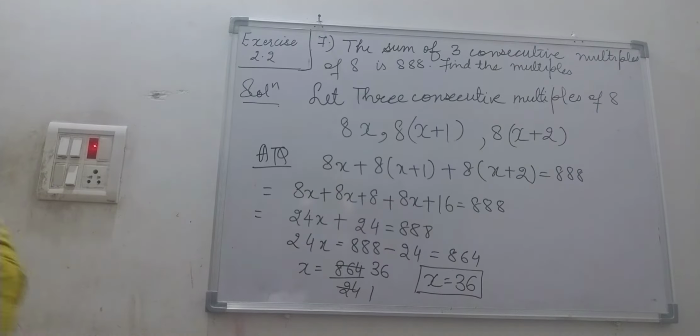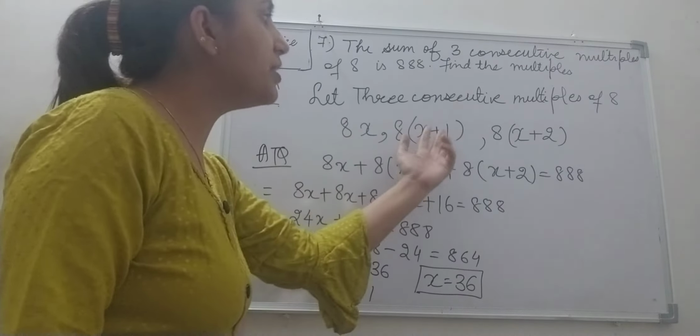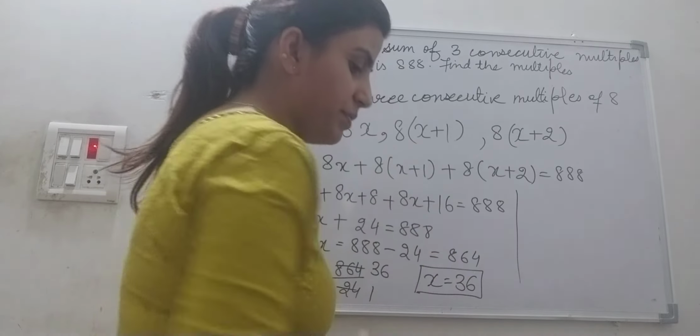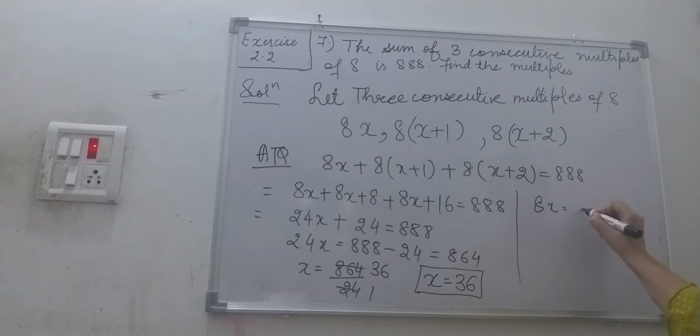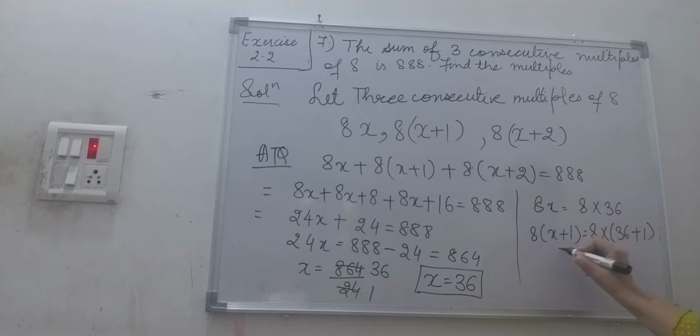Now they asked about the multiples, so these multiples we have to find out. The 3 multiples we can find in such a way: 8x, that is 8 into 36; 8(x plus 1), 8 into 36 plus 1, that will give me 8 into 37; 8(x plus 2), that is 8 into 36 plus 2, that will give me 8 into 38.